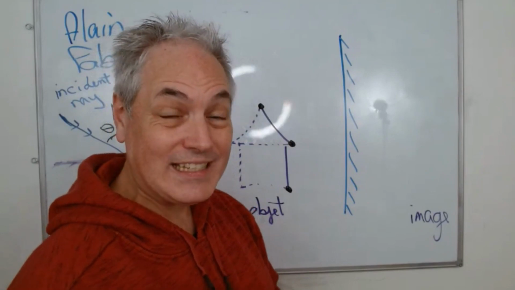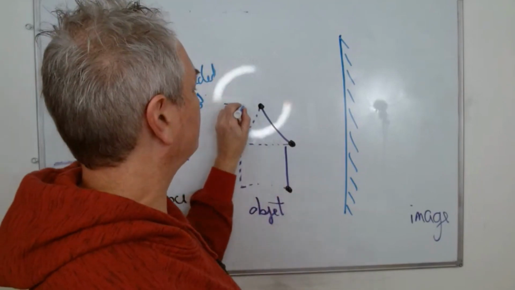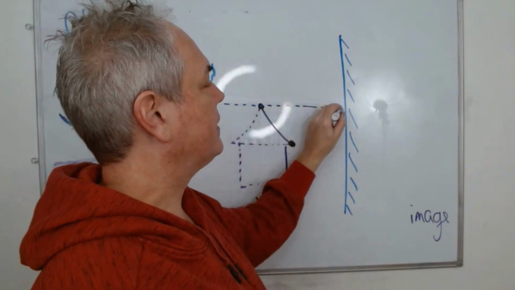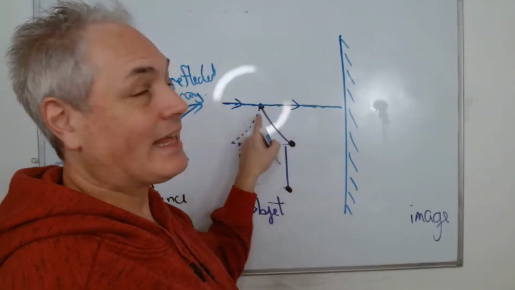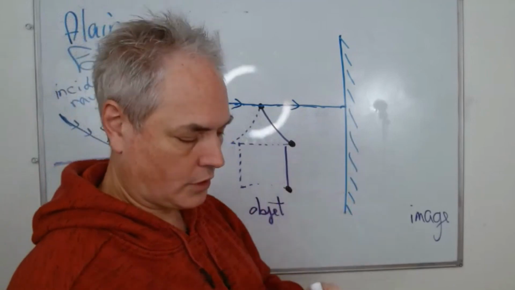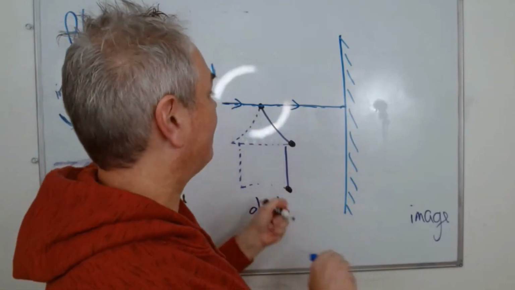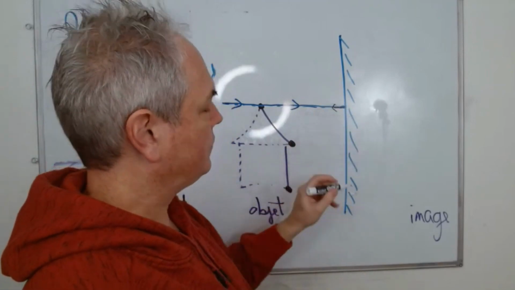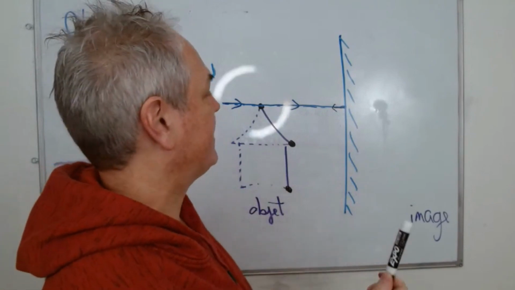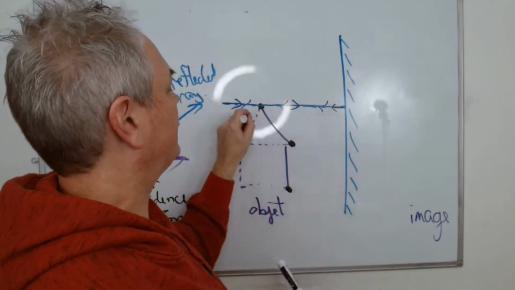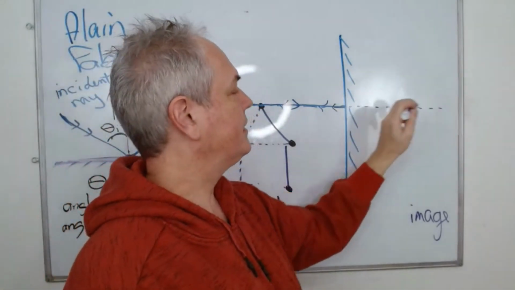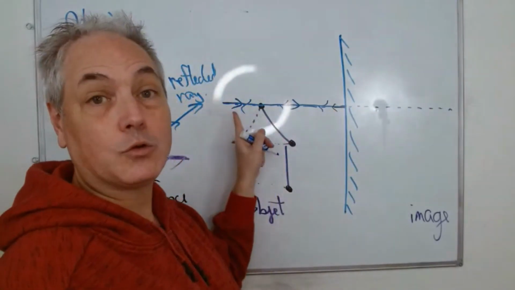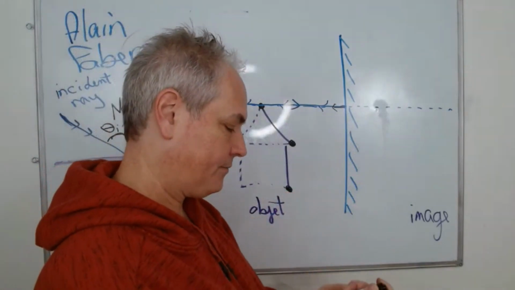So the easiest way to do it is to take a ray that is perpendicular to the mirror. So we have a ray that is perpendicular to the mirror, we have our normal, and therefore we have a light ray that is going back this way. That means that we have a ray that is in line with the reflected light.